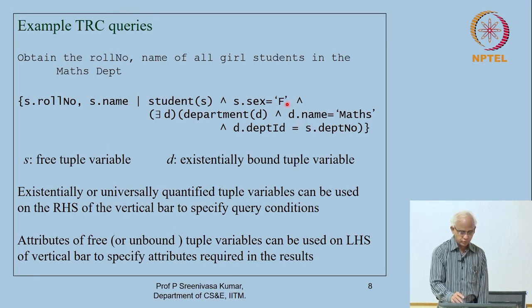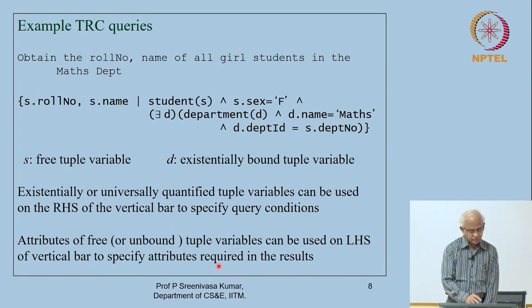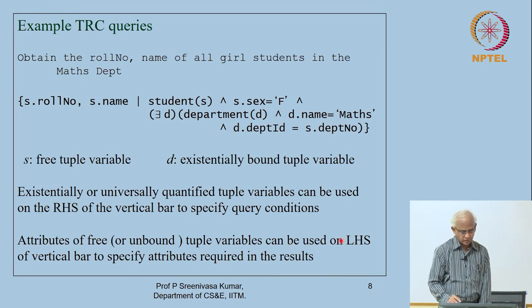Of course, we will also use the free variables, and the attributes of these unbound variables are used on the left hand side to specify the attributes required in the results. Okay. Now this is essentially what TRC is all about.